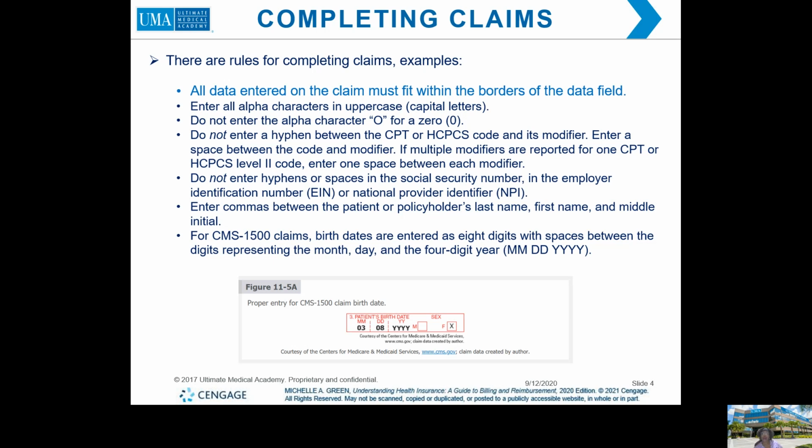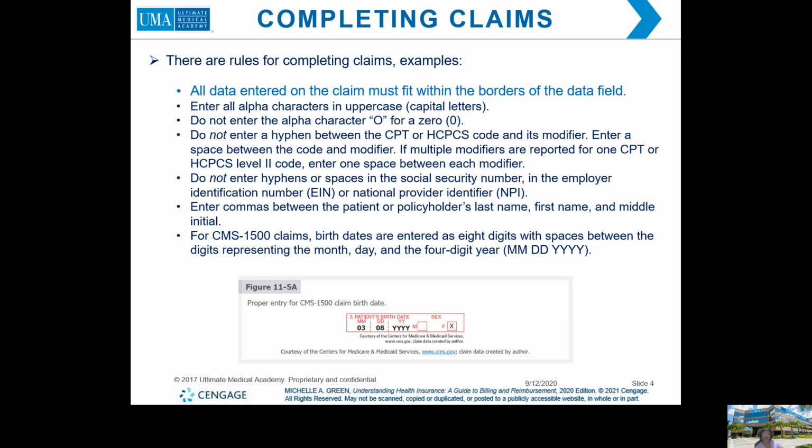when you're writing a social security number for a patient on a CMS 1500. So all of these rules that tell you how to fill out a CMS 1500, if you do not follow them, it will cause the claim to be rejected and sent back for correction.